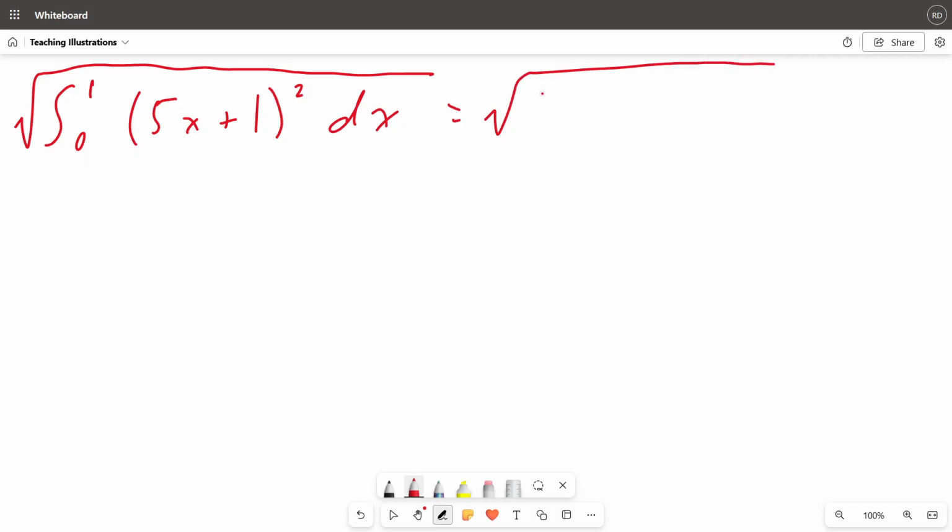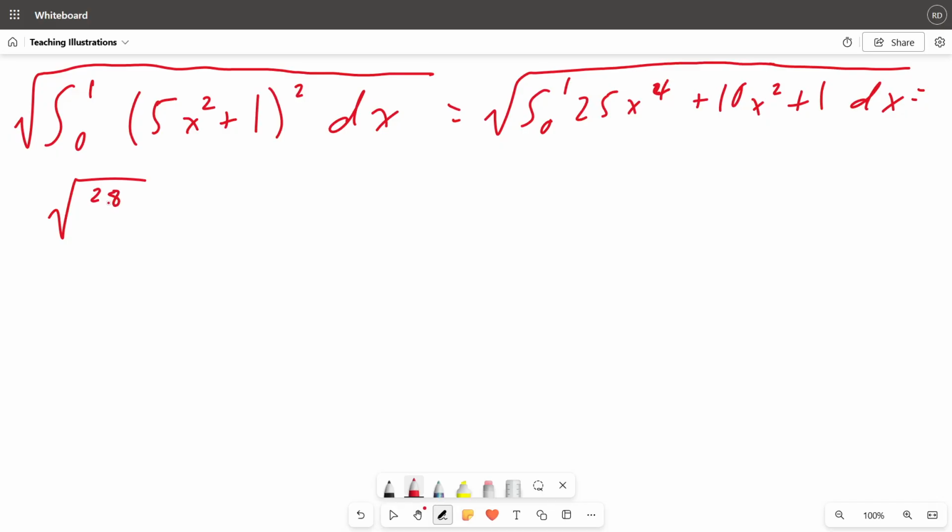That's the integral from 0 to 1 of 25x squared, x fourth, no wait, sorry, oh yeah, there's a square here. 25x fourth plus 10x squared plus 1 dx, which eventually works out to the square root of 28 over 3.